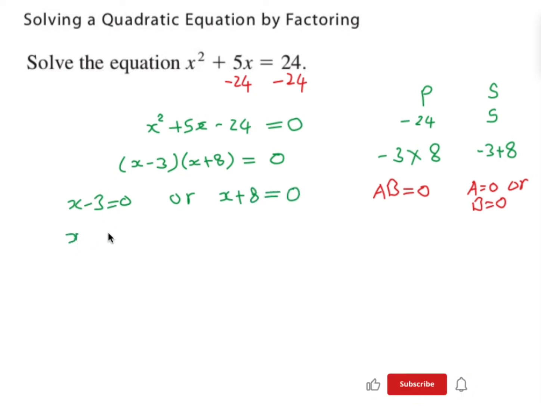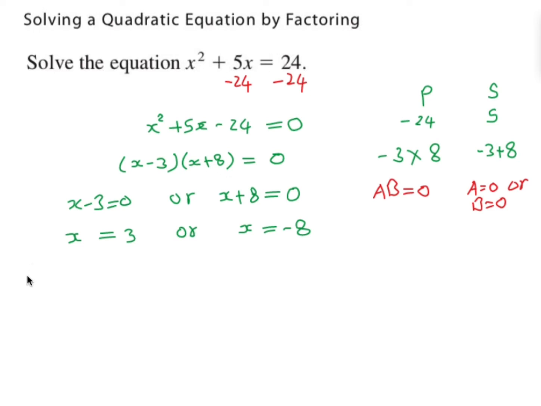So here we can add 3 both sides, so the x value is 3, or here subtract 8, so the x value is minus 8. Okay, but we can check whether our answers are correct or not. So we substitute x equal to 3 and x equal to minus 8.